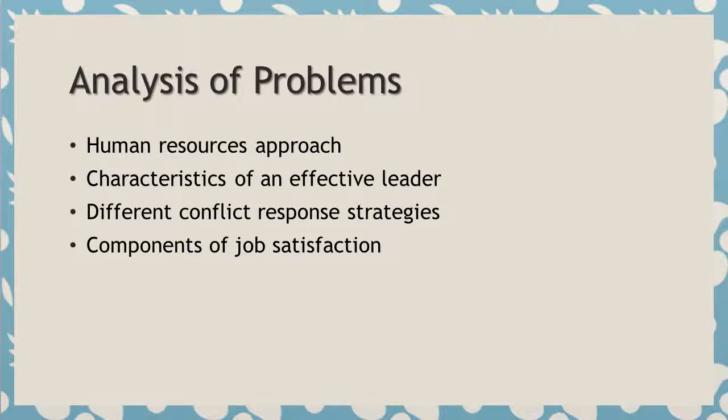The head nurse is the one who makes all of the decisions. And it seems that the head nurse lacks the characteristics of an effective leader. And effective leaders have skillful communication. And because the head nurse is using excessive power, that's not a good form of communication.